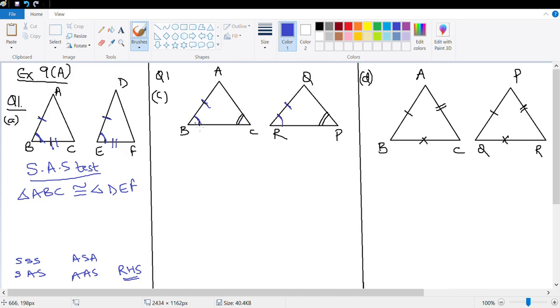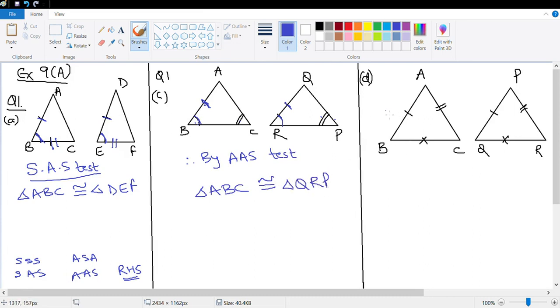Then let me read it the other way, angle, angle, side. Let's check the side which is opposite the double line is what we are looking at. In this also, the side which is opposite the double line is what we are looking at. Therefore, by AAS test, angle, angle, side test, triangle ABC is congruent to triangle QRP.